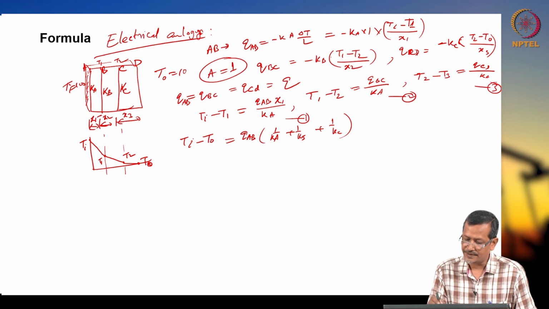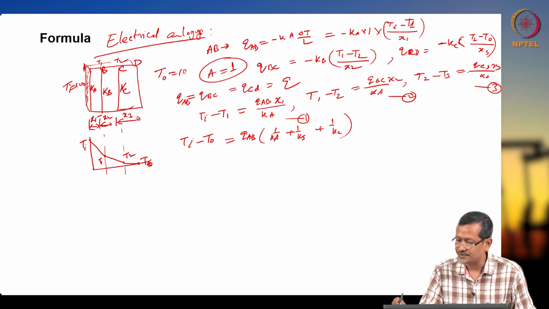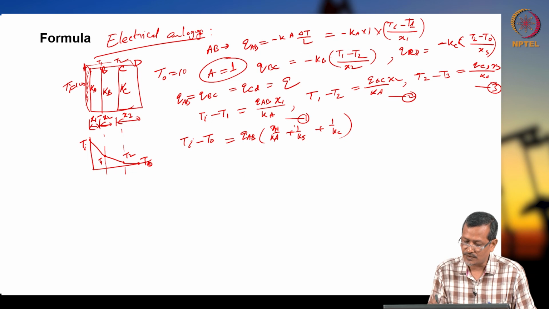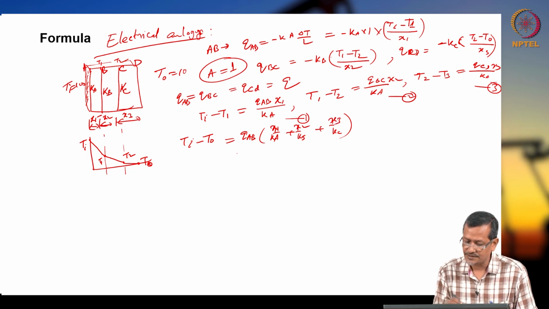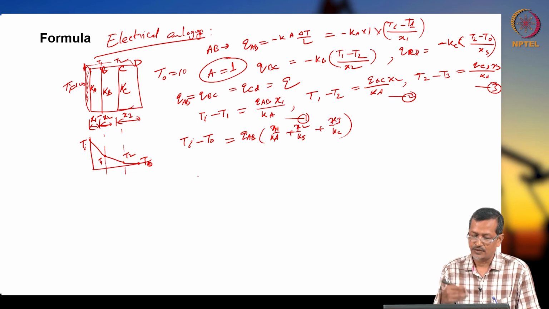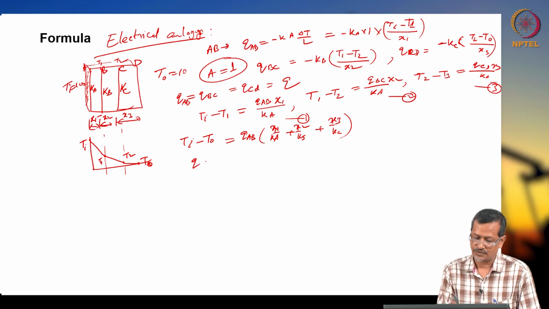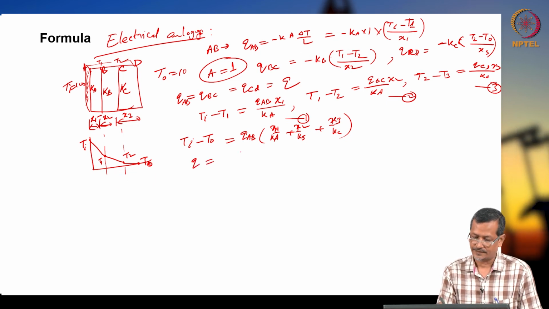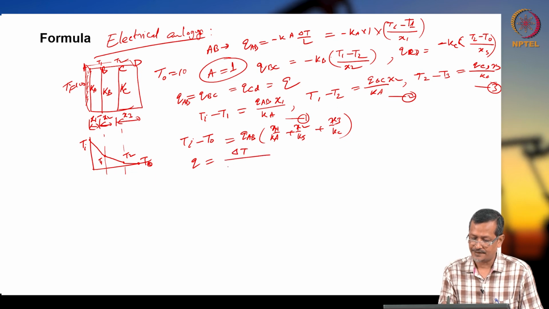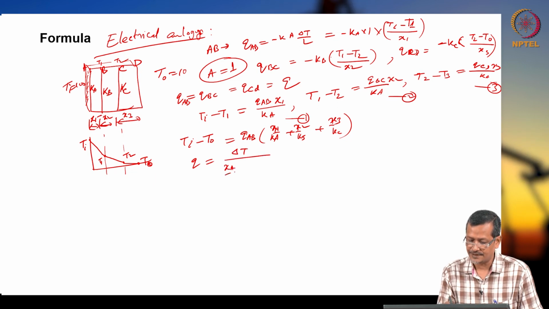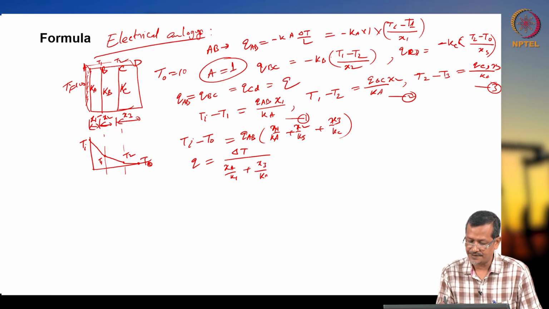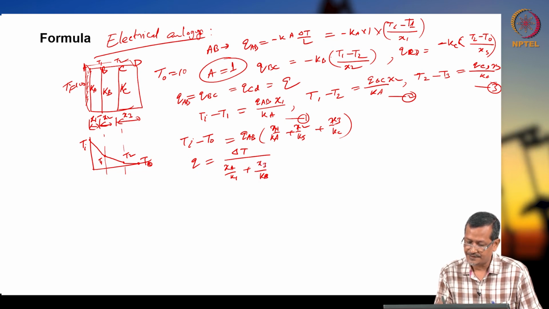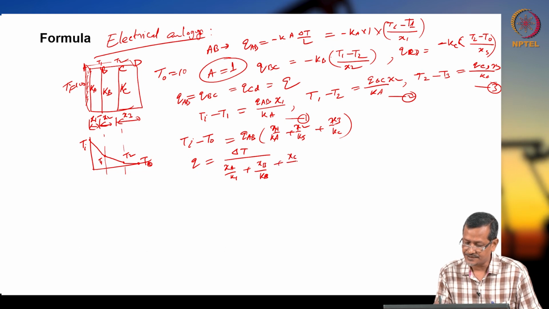X will be coming, x1, x2, x3. Now Q_AB equals Q actually. So Q equals del T divided by XA by Ka plus XB by Kb plus XC by Kc.